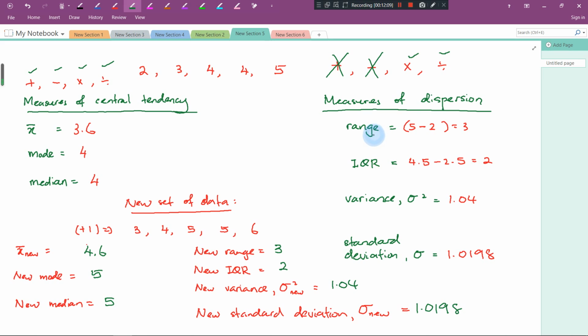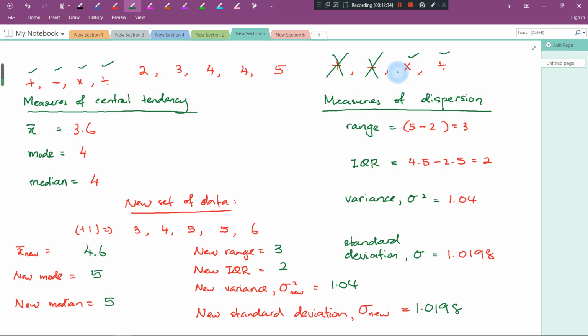But for the new range, interquartile range, variance, and standard deviation, they will not change, they remain unchanged. You see? Exactly the same. Same thing if you minus 2 from every single data: only these will change, and these will not change.